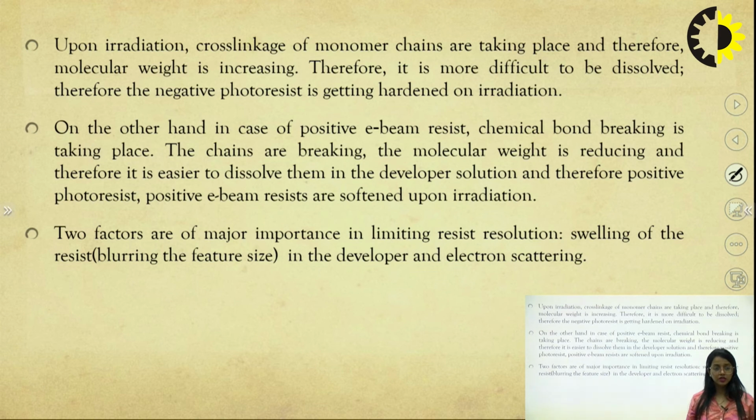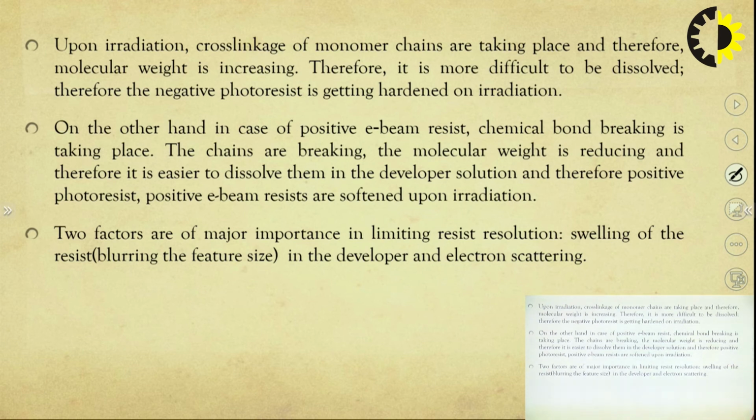On the other hand, in the case of positive electron beam resist, chemical bonds break, the chains are breaking and the molecular weight will only reduce, so it is easier to dissolve them in the developer solution, and therefore the positive electron beam resist is softened upon irradiation.